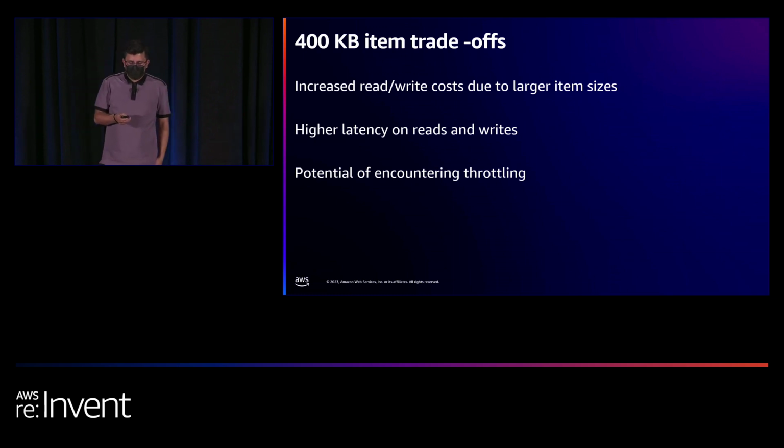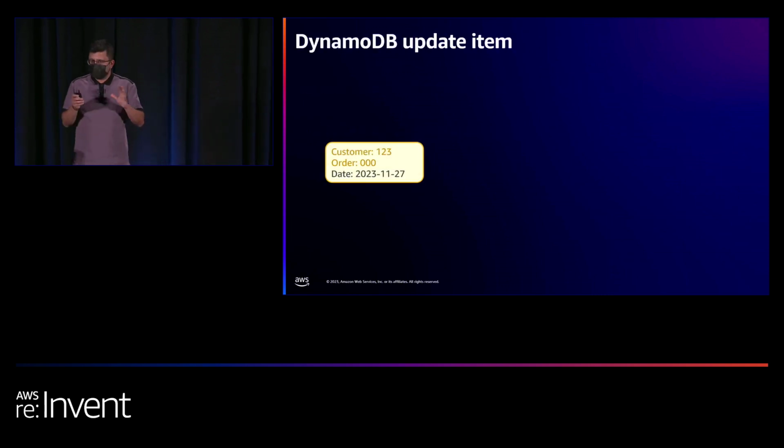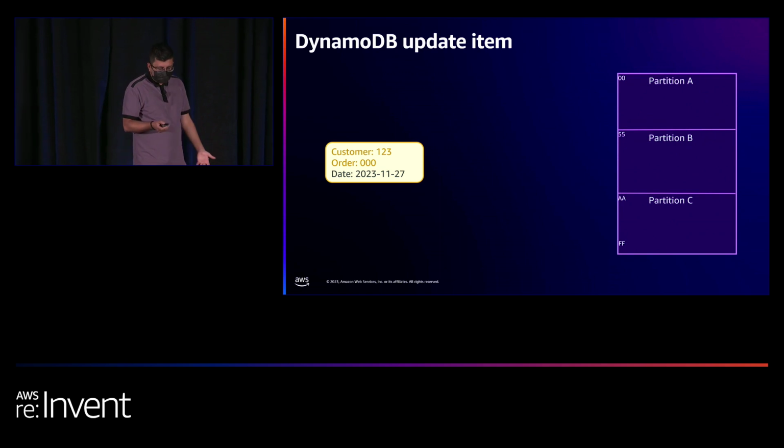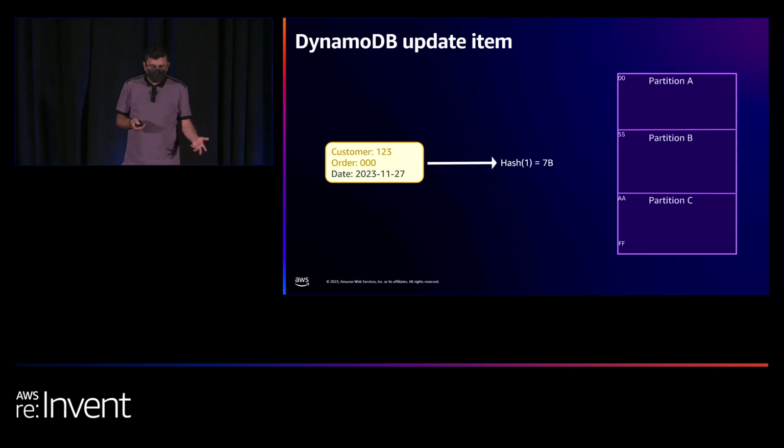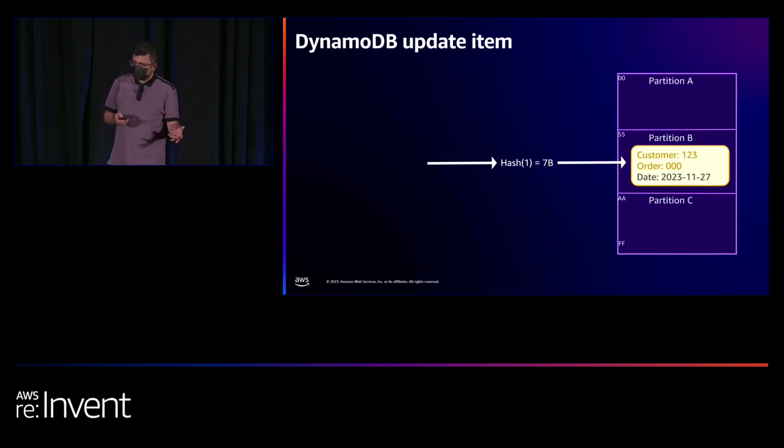And why is that? As Greg pointed out initially, what happens behind the scenes when you store an item in DynamoDB is the item is hashed based on whatever your partition key is. It's sent to the storage node, and on that storage node, it will be written.